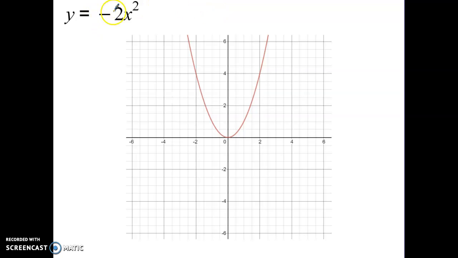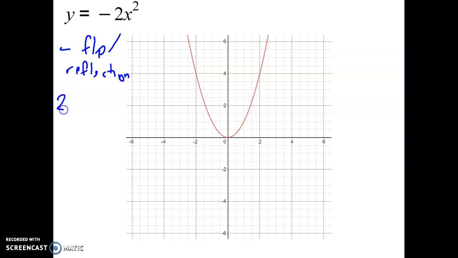But I could have a -2 right there, right? There's no rule that says I'm only allowed -1. I could just as easily have a -2 there. And when you see that, you need to think about this 2 different ways. Put this on your paper. You need to think about the fact that the negative is going to be a flip, or that reflection, to use the appropriate mathematical term. That word is reflection.